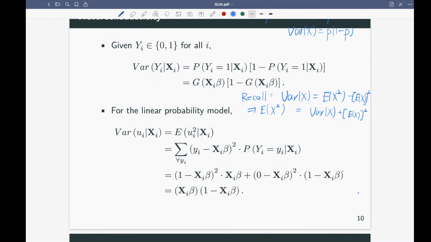So the expectation of x square is equal to the variance of x plus the square of the expectation of x. Now we transform to a conditional form, where x is u and y is x. We can find this form because in our assumption, the conditional mean of u is equal to 0.